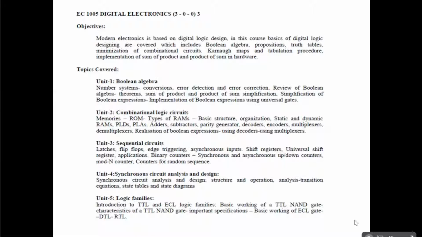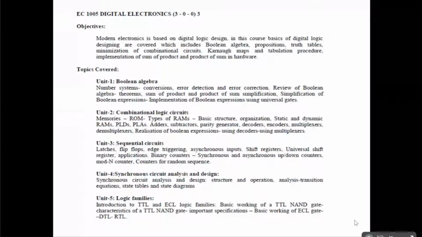Anyone tell what is universal gate? Correct. NAND and NOR. Very good.